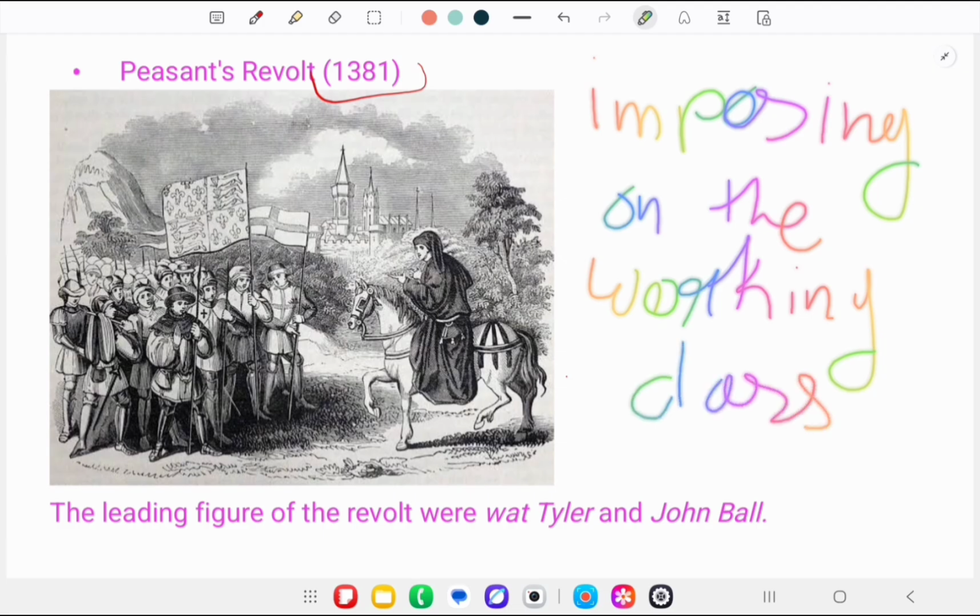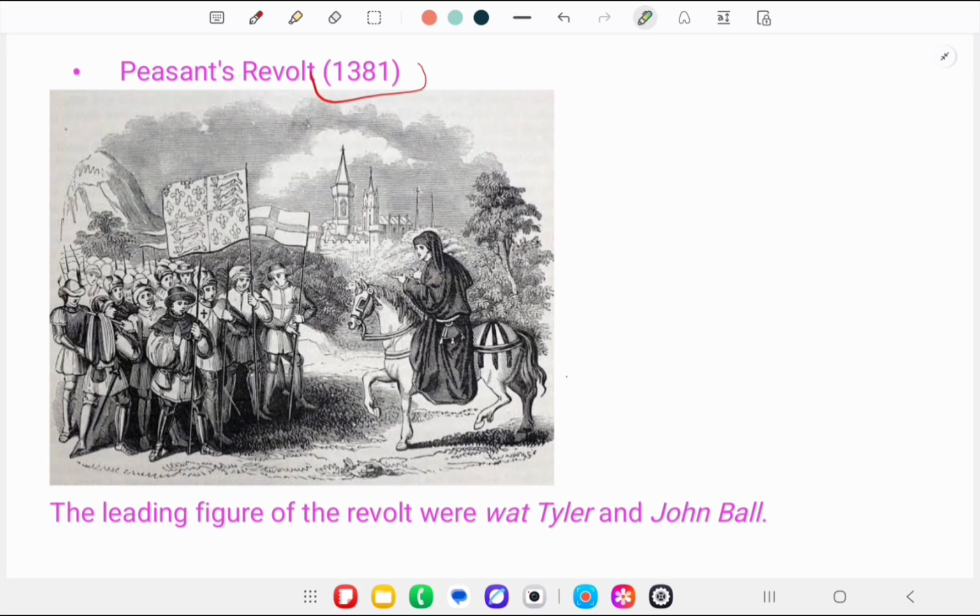And the leading figures of the revolt were Wat Tyler and John Ball.